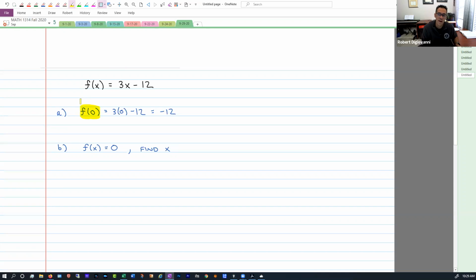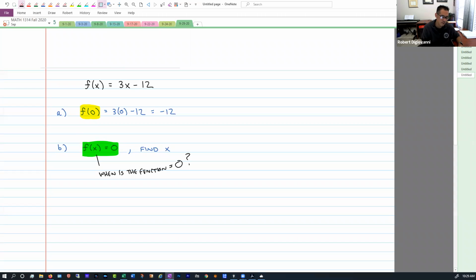And I'm saying, okay, replace x with 0, right? That's what that means. But the second question is not saying replace x with 0. This is saying, when is the function equal to 0, right? That's what that's saying. When is the function equal to 0?